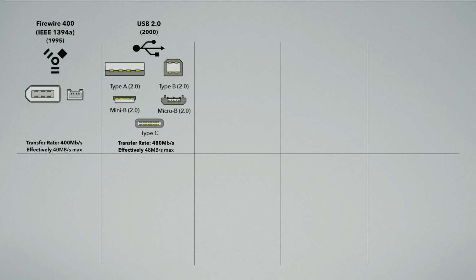Next, we have USB 2. USB 2 has a transfer rate of 480 megabits per second. So that's pretty similar to FireWire 400. That's about 48 megabytes a second. And you'll notice that there are a bunch of different connectors for USB 2.